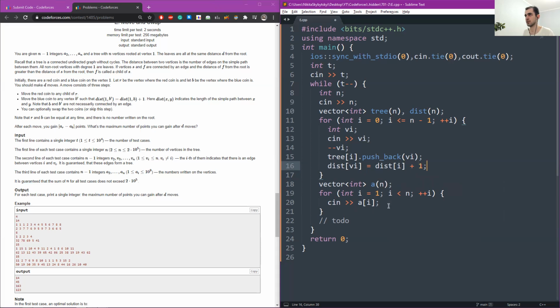Here we computed distances from the roots, right? Now what we would like to do is group vertices based on that distance from roots, and then process in sorted order from the deepest to the least deep.